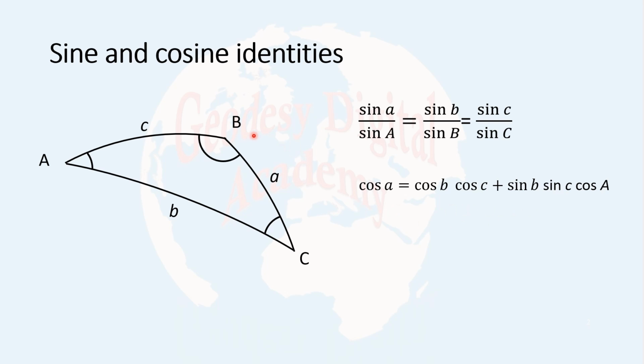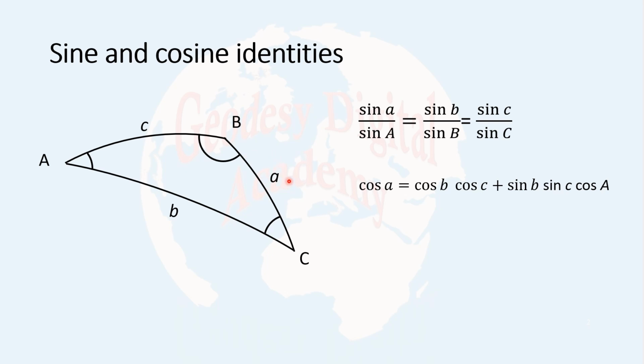So cosine of the arc a is equal to cosine of the arc b, cosine of the arc c, plus sine of the arc b, sine of the arc c, and cosine of the angle in front of the arc a.